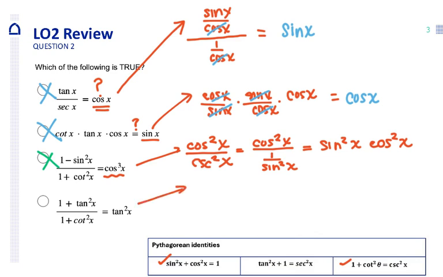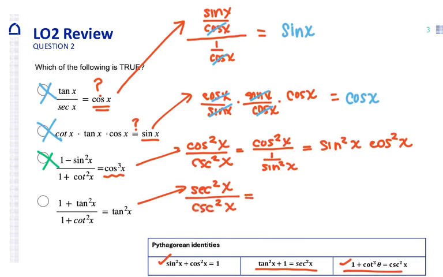Let's see. 1 plus tangent squared x looks like this identity, that's secant squared x. 1 plus cotangent squared x is this identity again, which is cosecant squared x.